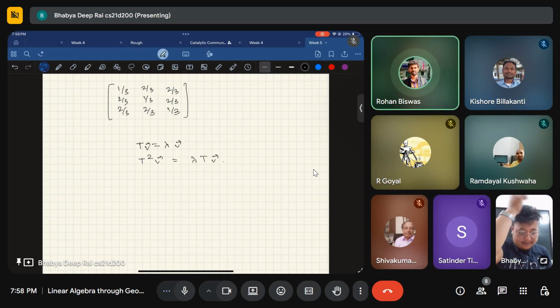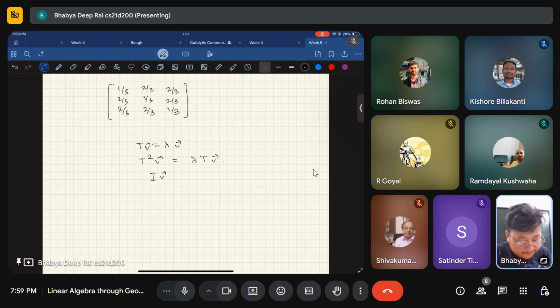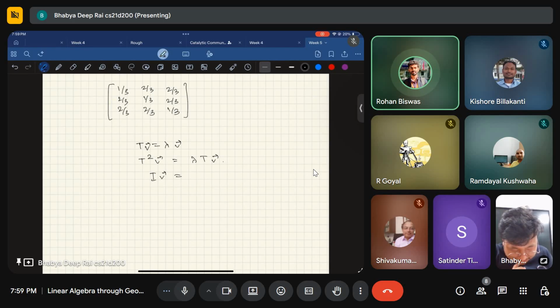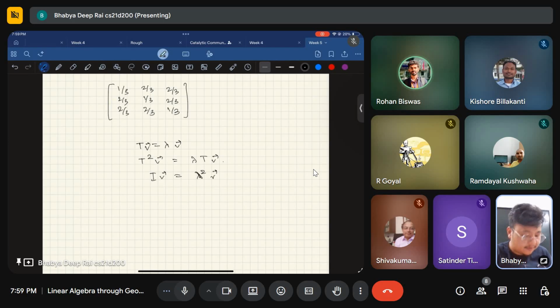T square equal to I, so on the left hand side I have only v, this is Iv. On the right hand side, I have lambda times lambda v, because Tv equals lambda v again. So lambda square v. So lambda square equals 1, that's equal to plus minus 1. That's a nice reduction. Good.